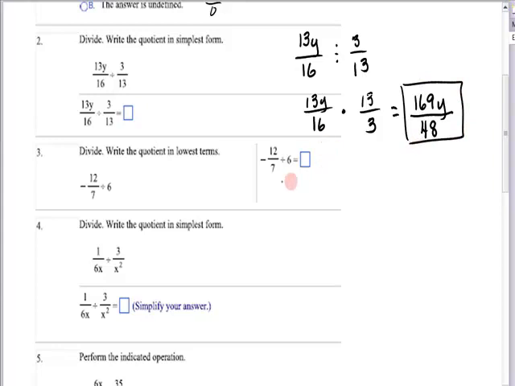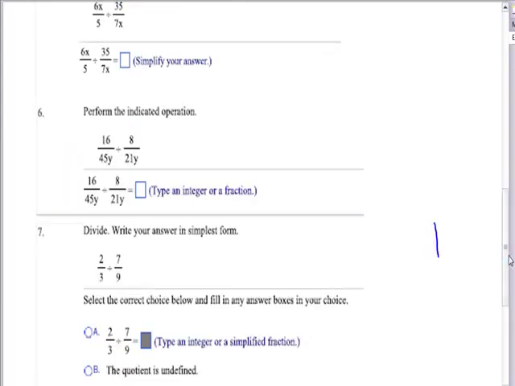Number 3, it is negative 12/7 divided by 6, and I'll put the 6 over 1. Okay, keep, change, flip. Keep negative 12/7, change to multiplication, flip to 1/6. Now, negative times positive is negative, so I've got the sign taken care of.